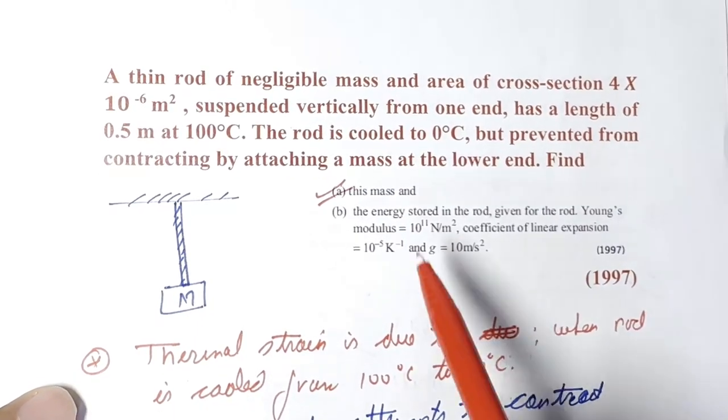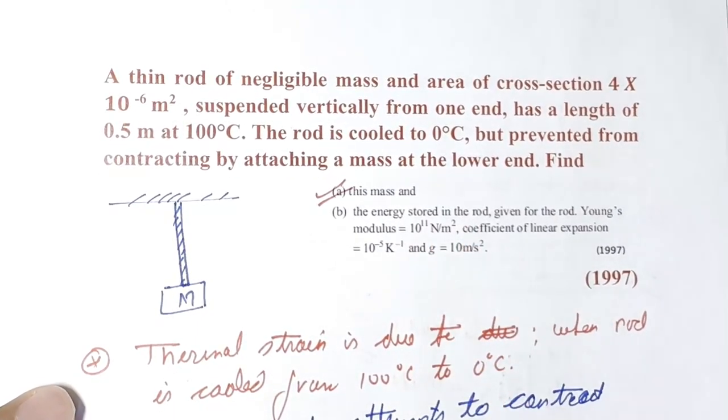In the second part, the energy stored in the rod. The energy will be stored in the rod in the form of elastic potential energy, and the formula is half into stress into strain multiplied by volume.